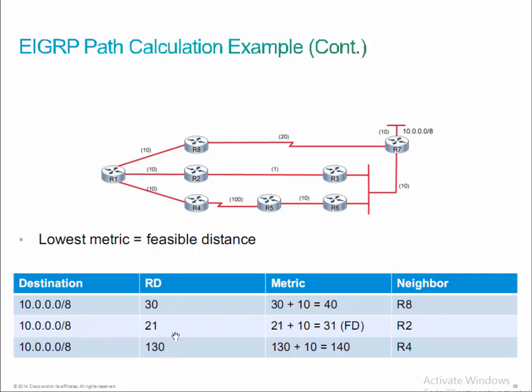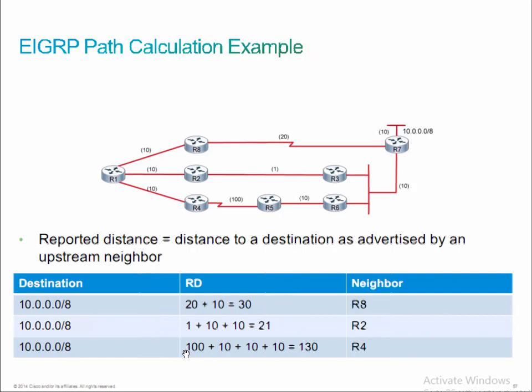They were doing reported distances. Reported distances from whose perspective? I was assuming that they were doing all of this based on router 1 getting to this destination. So the reported distance, okay, yep, that's exactly what they're doing. Reported distance from R8. I'm trying to think of where they're coming up with this number.